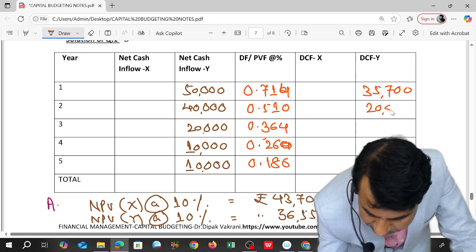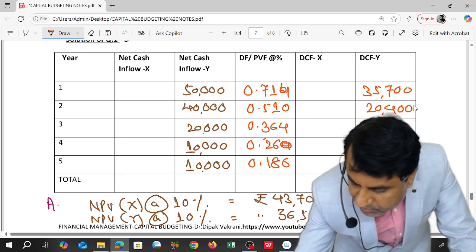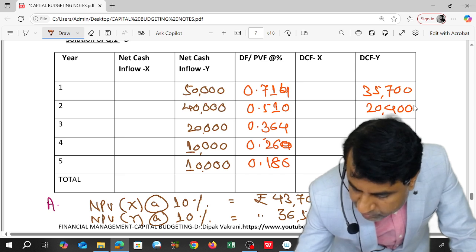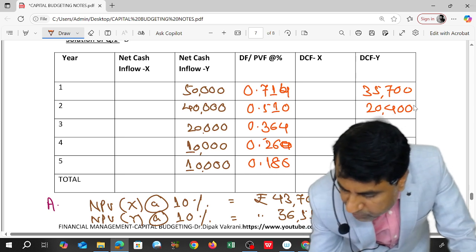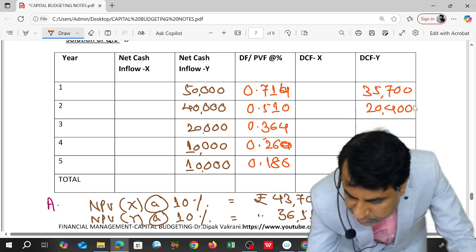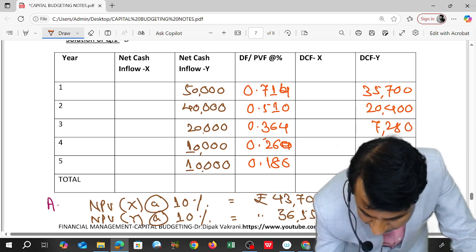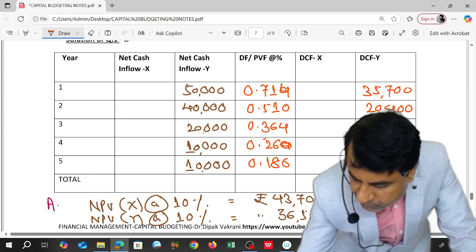Second one. Third is 20,000 into 0.364, 7280. Last two are 2600 and 1860.